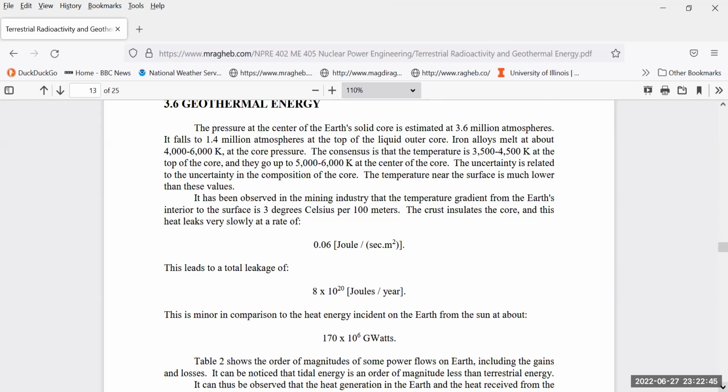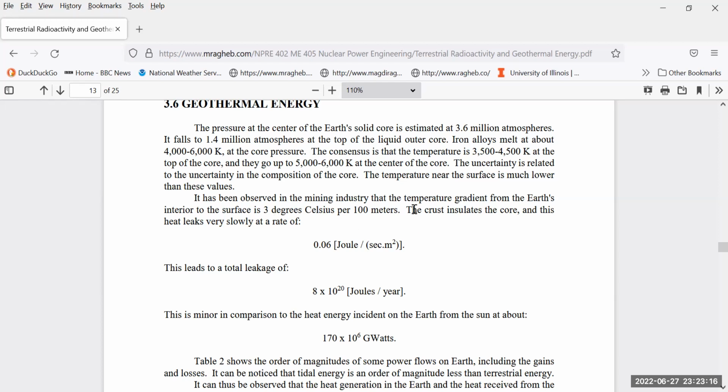However, as we said, heat is generated from those radioisotopes in the mantle of the Earth, the upper mantle and the crust. And what they observed in the mining industry is that when they dig deep, for instance in South Africa, mining gold, every 100 meters that they dig into the mine, the temperature increases by 3 degrees Celsius.